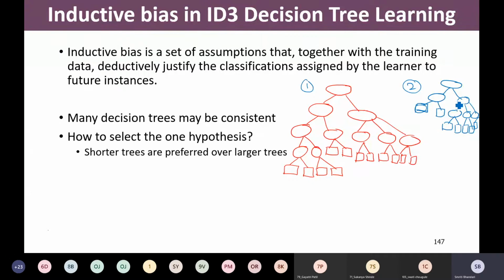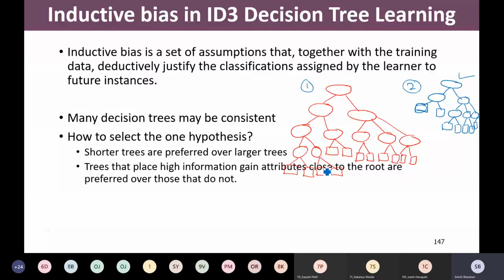And the reason is, if the height of the tree is short, then obviously the time required to reach the leaf node, that means the time required to predict, will be smaller than for the tree that has the larger height. So this is the reason for this inductive bias imposed upon the ID3 decision tree algorithm. The inductive bias here is that the shorter trees are preferred over the larger trees. Okay.